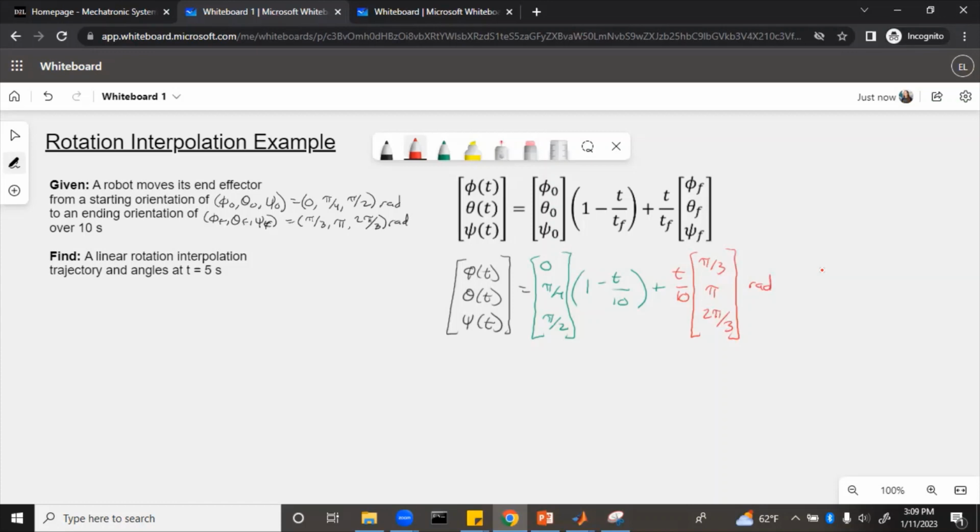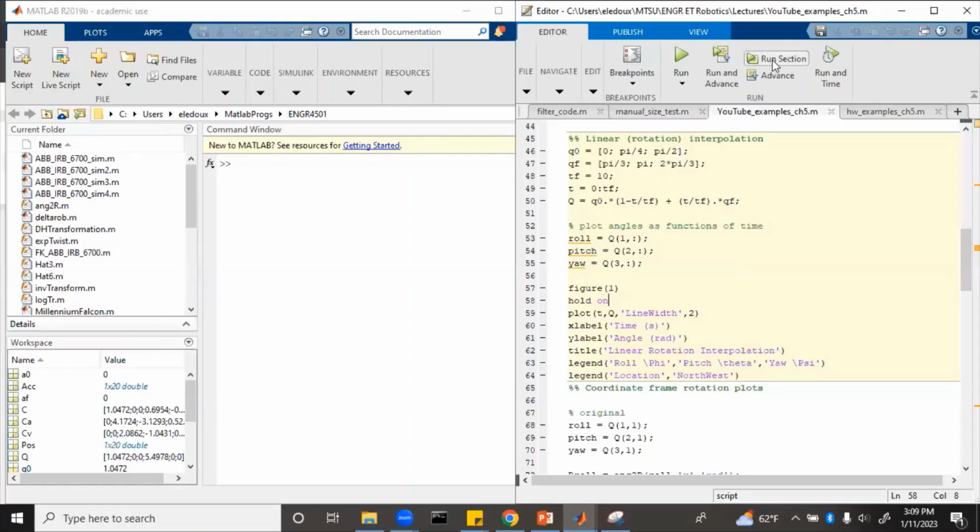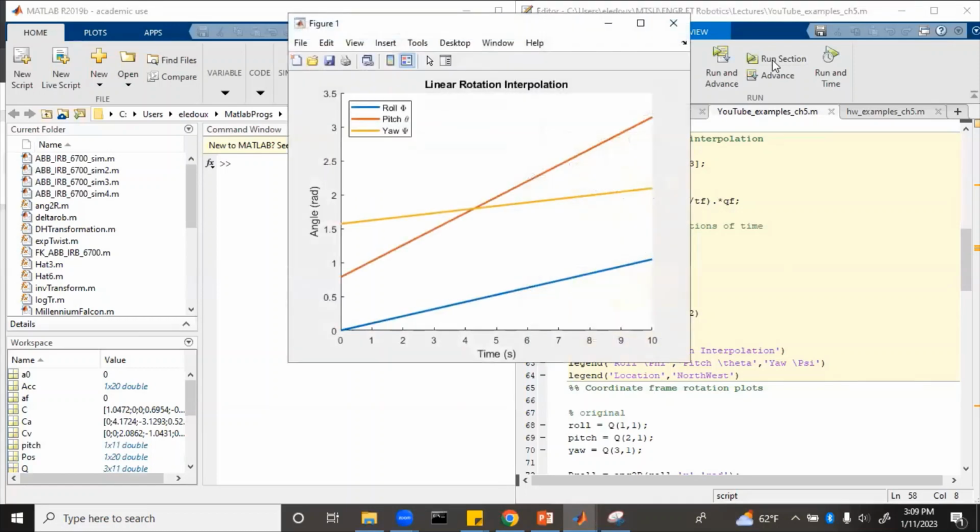All right, so this is the equation. If we were to simulate this in Matlab as a function of time, we should get some lines. So let's check that. We can see the roll, pitch, and yaw given here in blue, red, and yellow respectively. And we see that the roll goes from 0 to pi over 3.